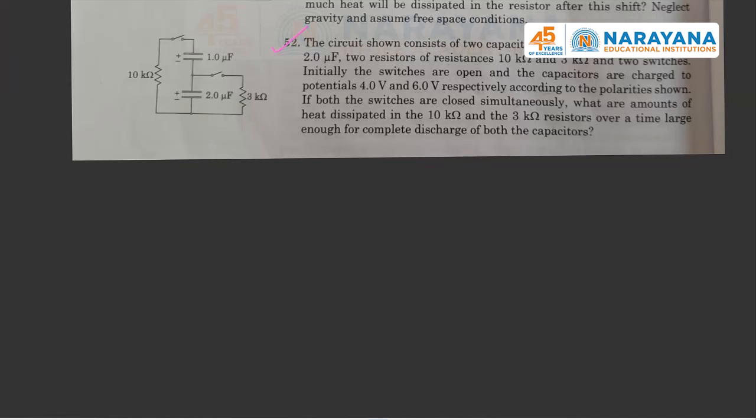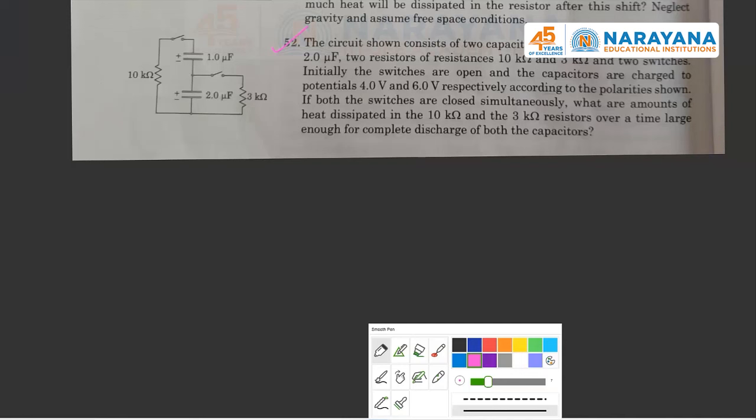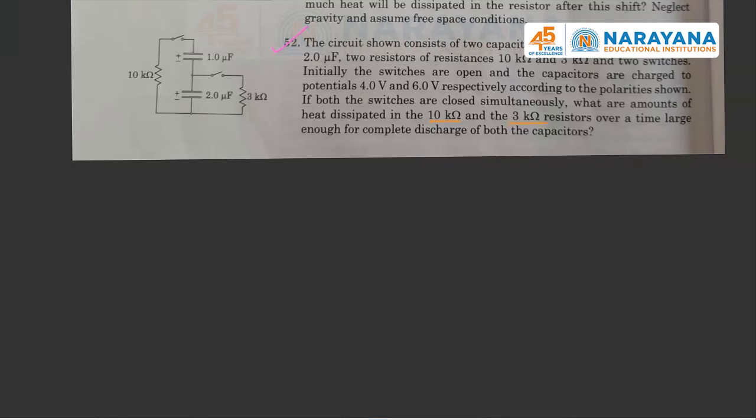If initially both of them are given some voltages, 4 volt and 6 volt, can we find out the total heat dissipated in the two resistors separately, in the 10 kilo ohm and the 3 kilo ohm resistors, over a large time interval, the time tending from 0 to infinity?